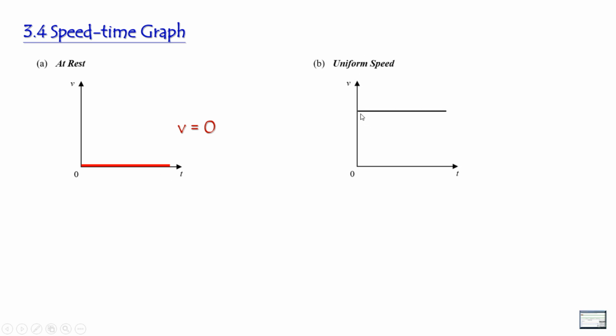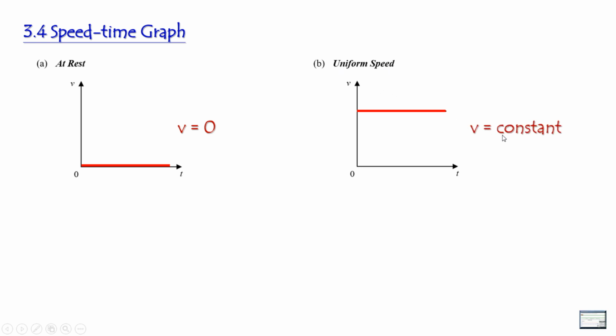How about this one? Okay, it has a non-zero initial velocity. At the beginning, its speed is not equal to 0. It is equal to a certain value. And then the object keeps this value all the time. Then we can say that the object moves with uniform speed.